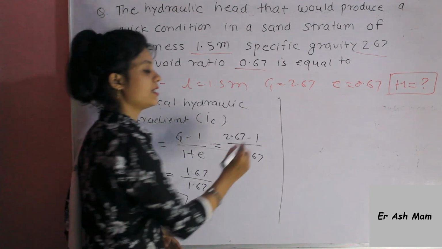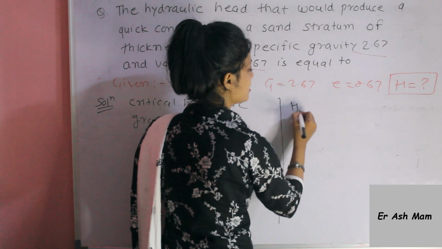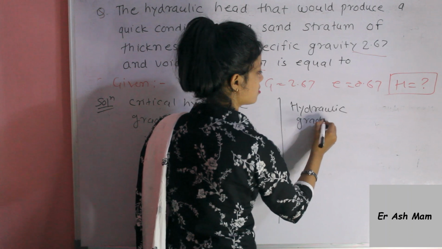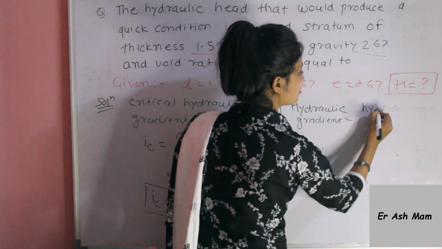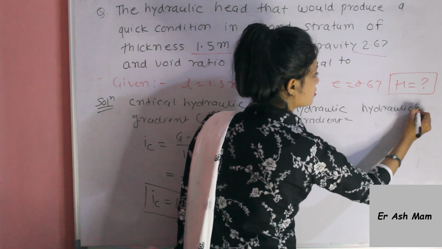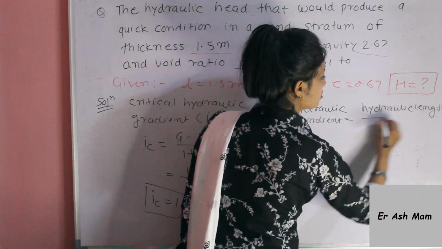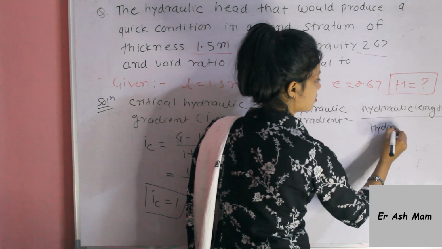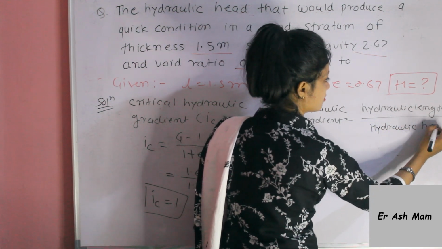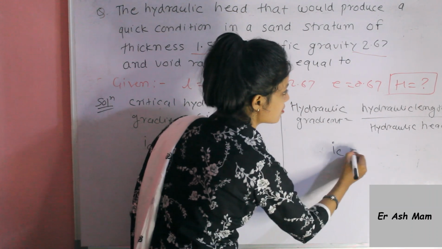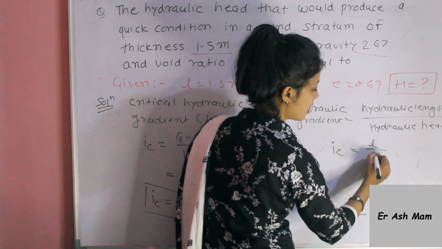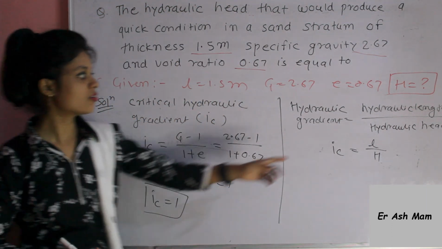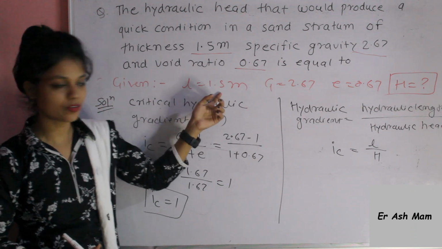We know that critical hydraulic gradient, IC, equal to hydraulic length upon hydraulic head. That is IC equal to L upon H. So IC is known, that is 1. We know that hydraulic length equal to 1.5.